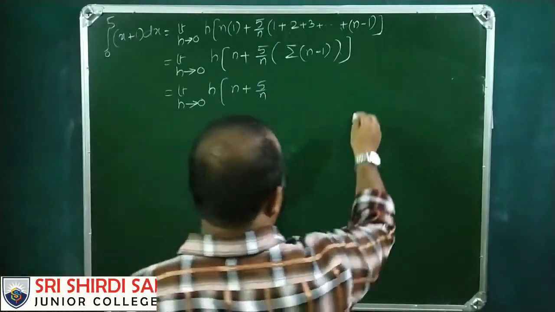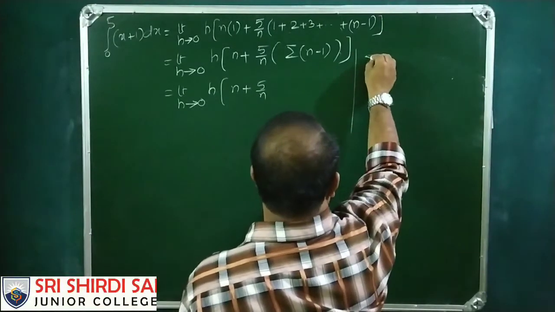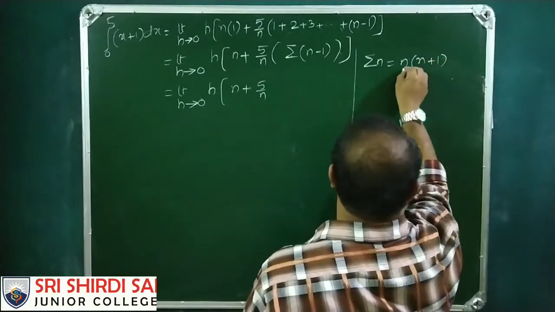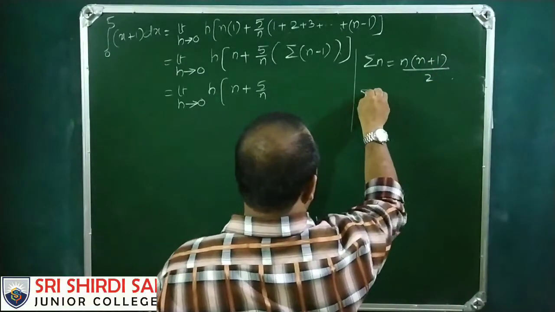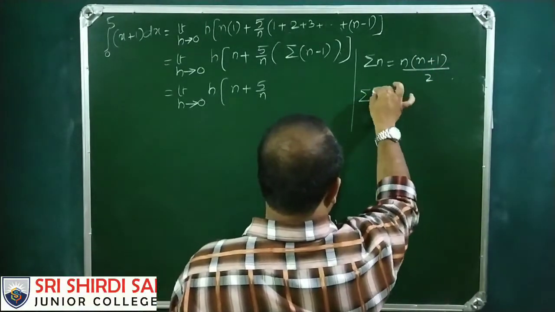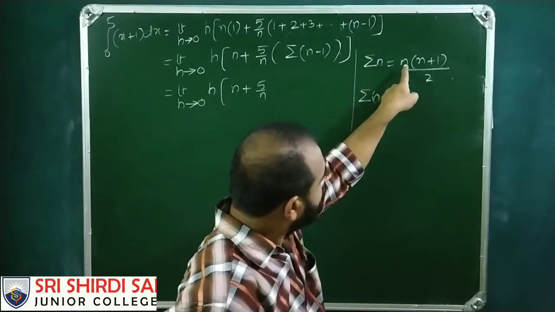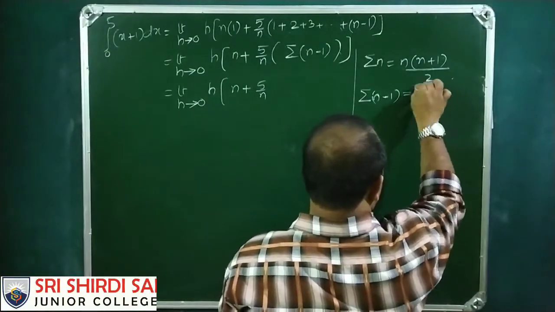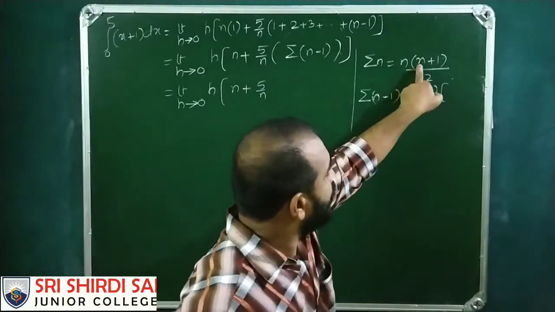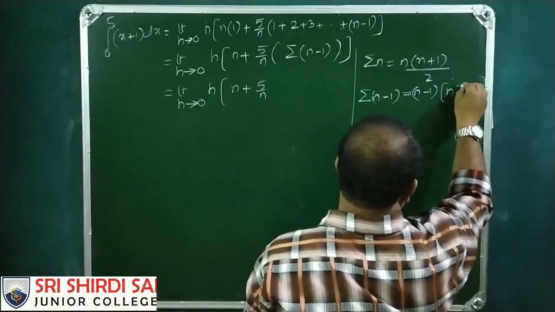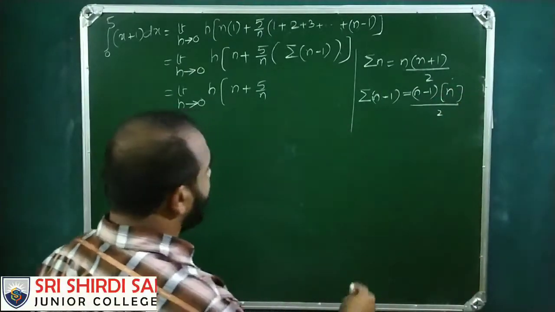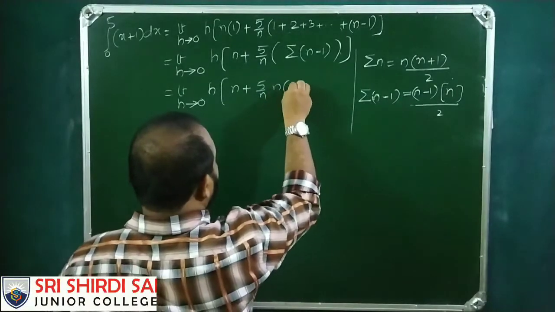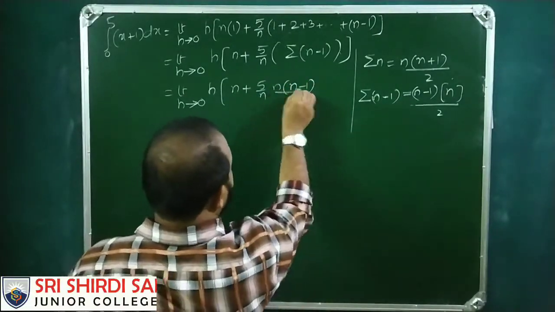Remember the formula: the sum of n terms is n into (n plus 1) by 2. So if it is sigma of n minus 1, then in the place of n, substitute n minus 1. So that is equal to (n minus 1) into (n minus 1 plus 1), which is n, by 2. The same thing I am applying here. Sigma n minus 1 is n into (n minus 1) by 2.